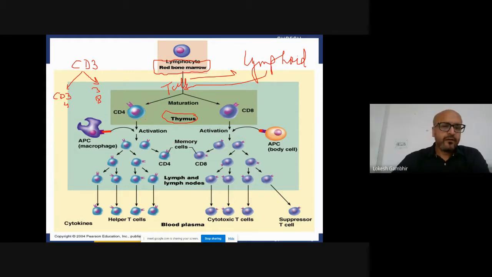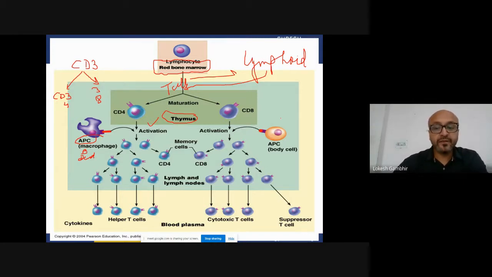Now, how is the CD4 T helper cell activated? It is activated only by three types of cells called APCs, or antigen presenting cells. These antigen presenting cells are macrophages, B cells, and dendritic cells. All these three cell types can activate T helper cells.